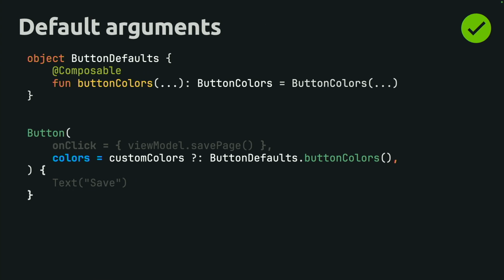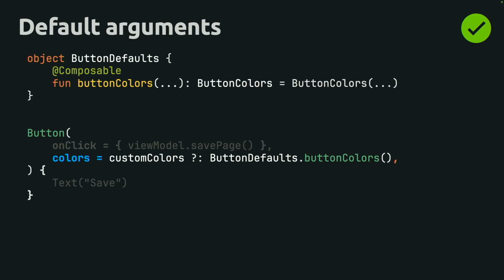And because this button defaults object exists, and it's nicely prepared for you to use, you can just refer to the button colors that are stored in that defaults object instead of trying to dig down into the button implementation and maybe copy the exact colors that were the defaults or something like that. This way, you can just refer to the defaults that the component itself also uses.